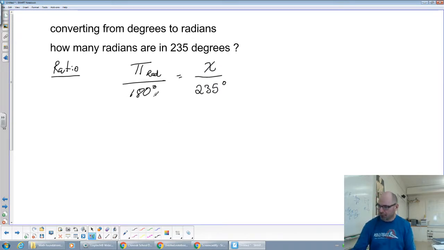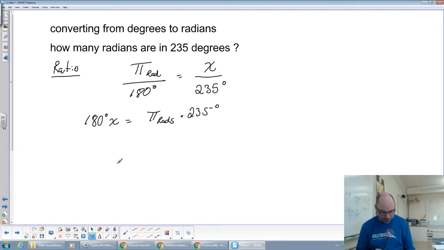Okay, so if we do the cross multiplication, 180 degrees x equals pi radians times 235 degrees.